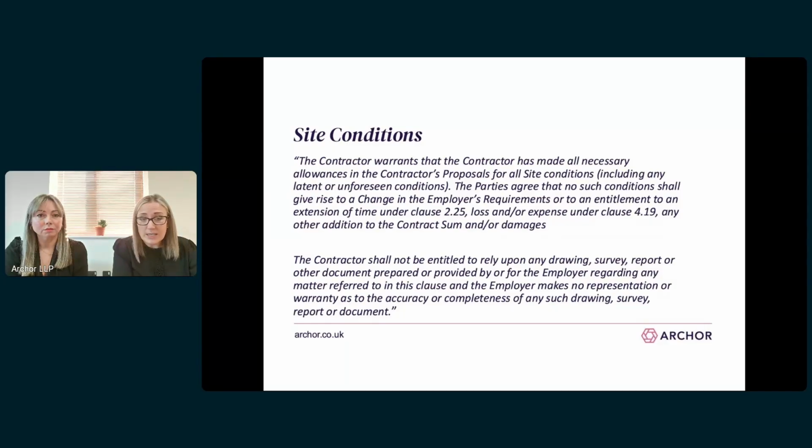Sometimes it's possible to negotiate a position whereby the contractor is only responsible for reasonably foreseeable risks. But either way, it's important to note that if an amendment similar to the second paragraph on this slide is included, the contractor will need to commission all of its own surveys and reports, because the contractor has no right to rely on any existing surveys or reports.